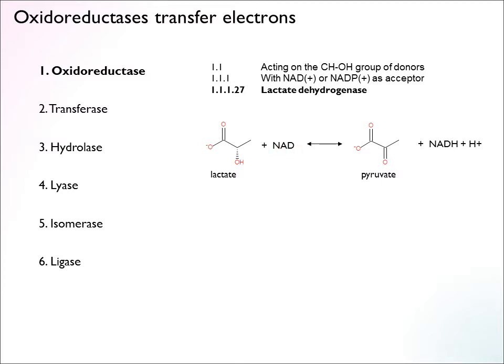That's a typical example of an enzyme in this group. So here you will also find the biosynthetic enzymes that use NADPH, for example, as an electron donor to drive anabolic reactions. So that's the oxidoreductases. And these enzymes typically involve an exchange of energy between a substrate and a carrier like NAD.